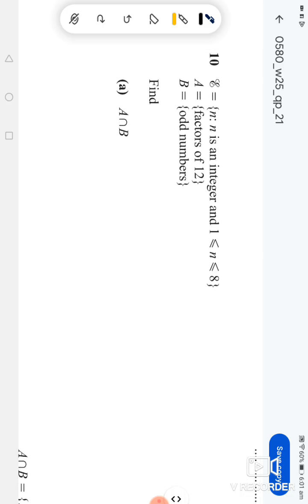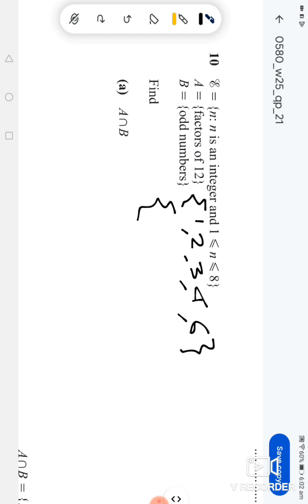Question 10. n is an integer, greater than 1 and less than or equal to 8. The factors of 12 are 1, 2, 3, 4, and 6.